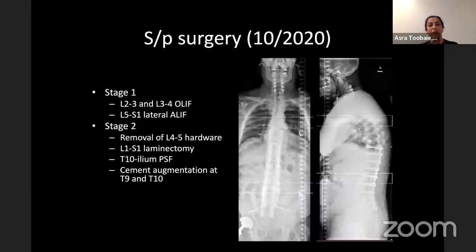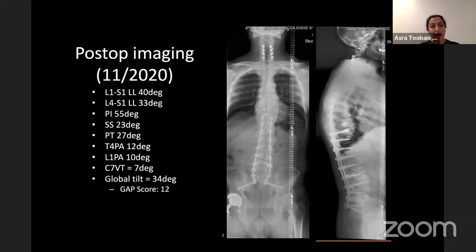So patient underwent L2 to S1 interbody fusion, OLIF and ALIF, and removal of previous instrumentation, and then decompression of the lumbar spine and T10 to pelvis posterior fusion. Overall alignment looked satisfactory post-operatively.